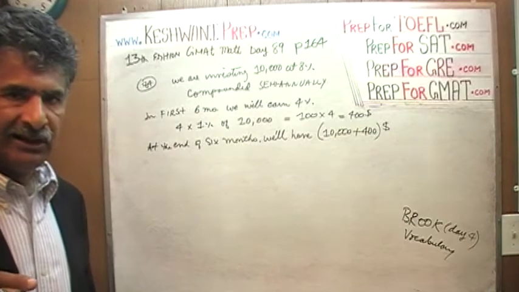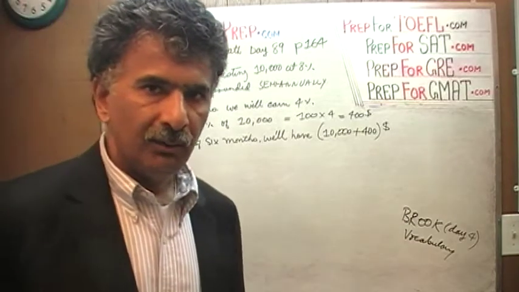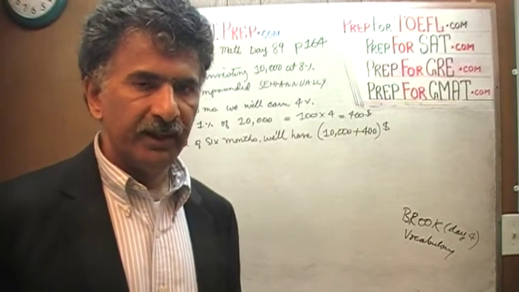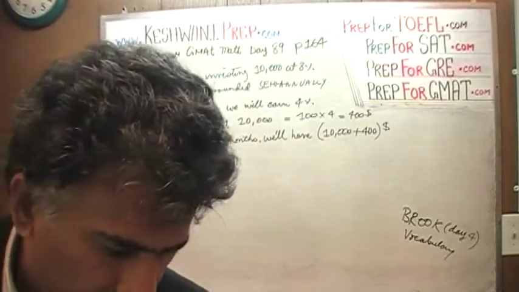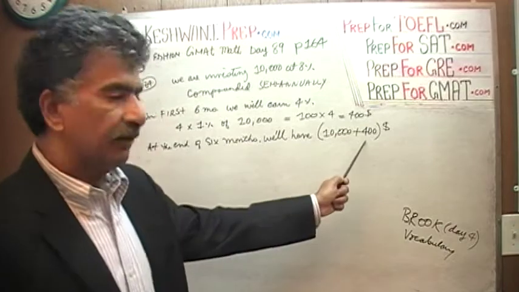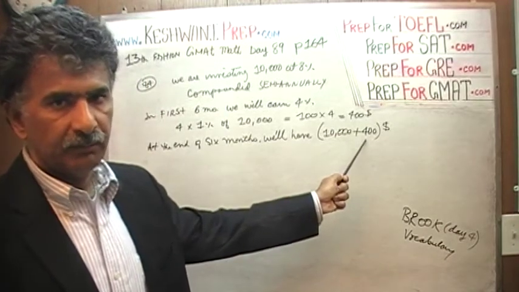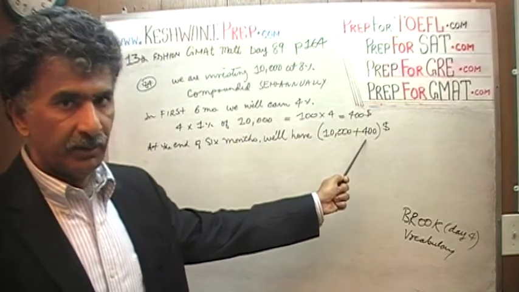Question is, what's going to be the interest earned on that amount, 10,400, that is. $10,000 of our initial investment and the $400 that we earned at the end of the first 6 months, semi-annually, half a year.